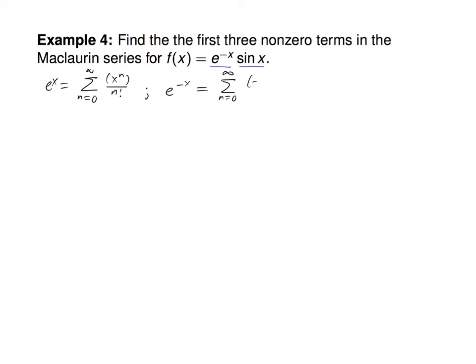So we'll input negative x to the n over n factorial. And then what can you do with the negative part? You could just take it out, and you'll have the sum from n equals 0 to infinity, negative 1 to the n, x to the n over n factorial.